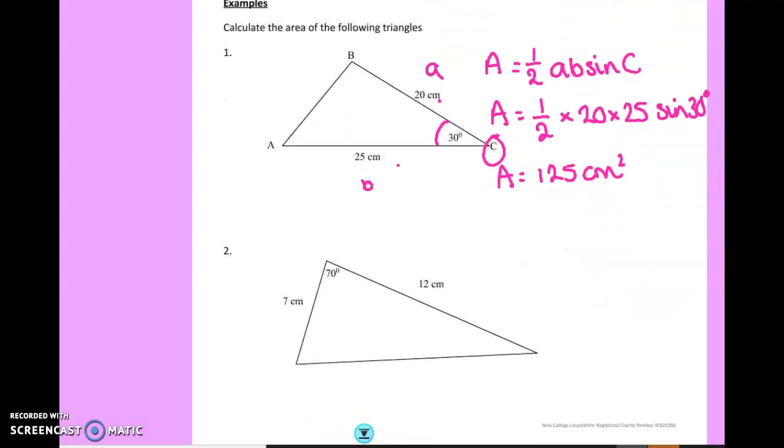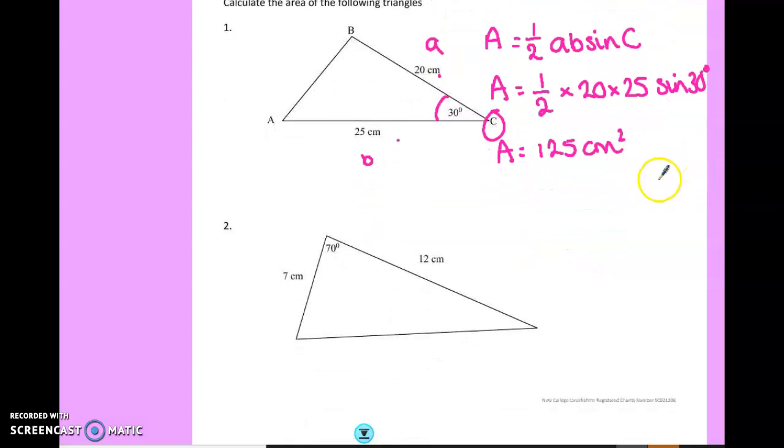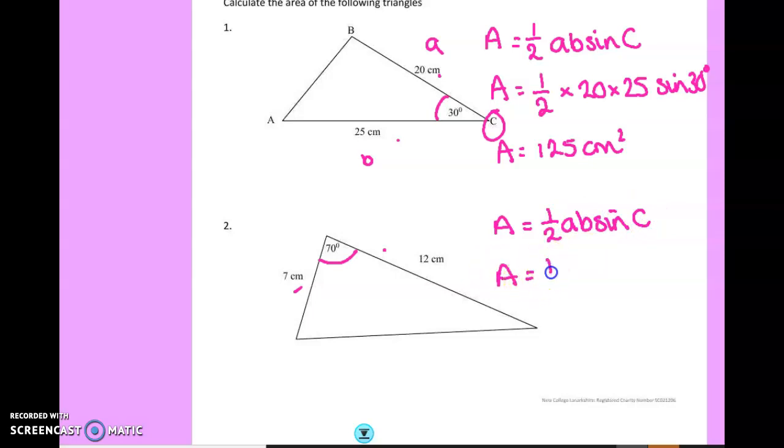Okay, question 2. No letters in question 2. But you look here, there's my angle. I've got two sides and the included angle, or the angle in between. So area of a triangle, half ab sine C. So my area is a half. Doesn't matter what order I do the 12 and 7 in, they do the exact same thing anyway. So half times 12 times 7 times sine 70.